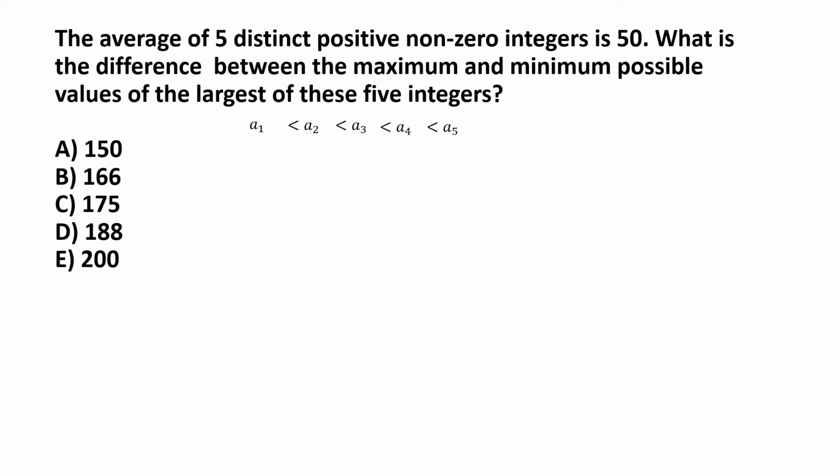So the values increase as we go from a1 to a2 to a3, and the largest one, of course, is a5 in this particular sequence.